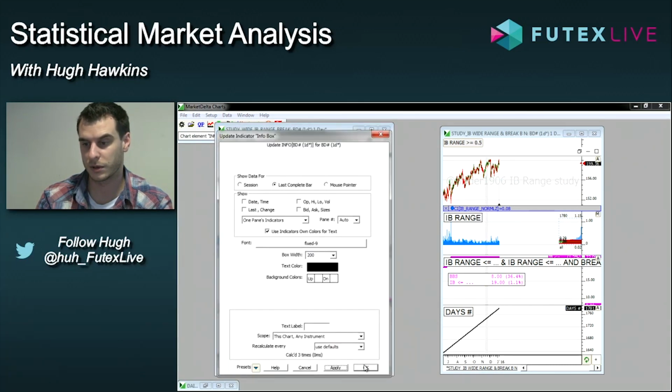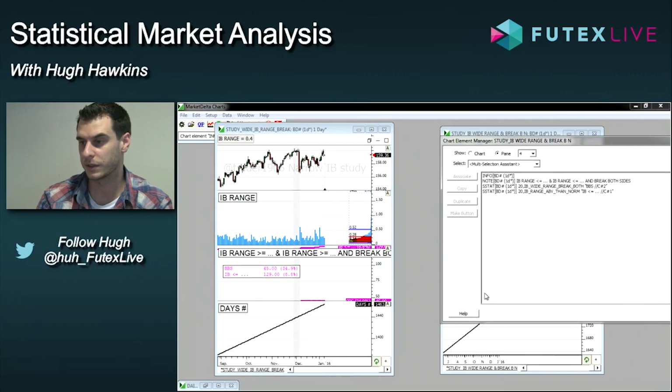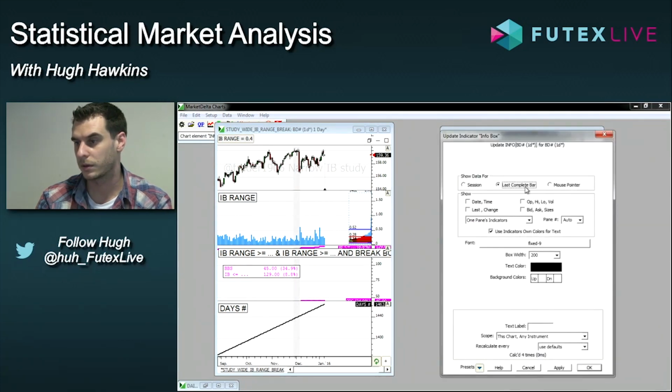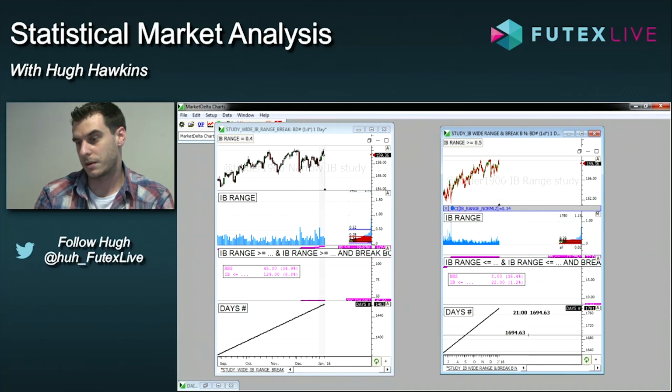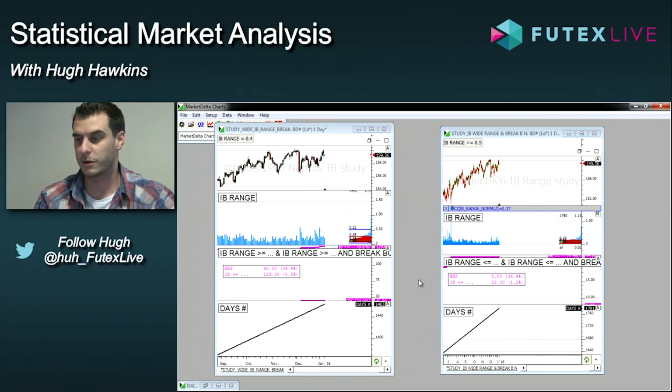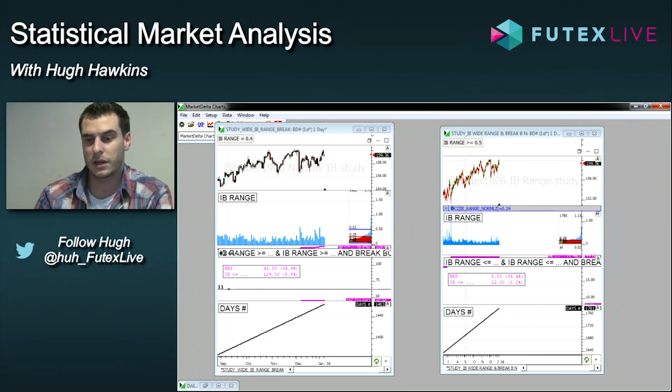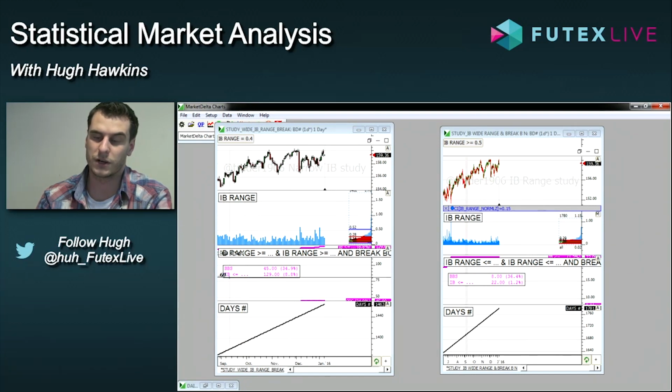Last complete bar, sorry, and this one's wrong. I think I might have just spotted my error there. That's probably why, because it was on the mouse pointer, not on the last bar. Okay, we'll go back to the Eurostoxx in a minute. So here we go. We've got 0.4 as our IB range, and we say, okay, if the range is greater than 0.4, nearly 9% of the time that happens, then only 35% do we break both sides.